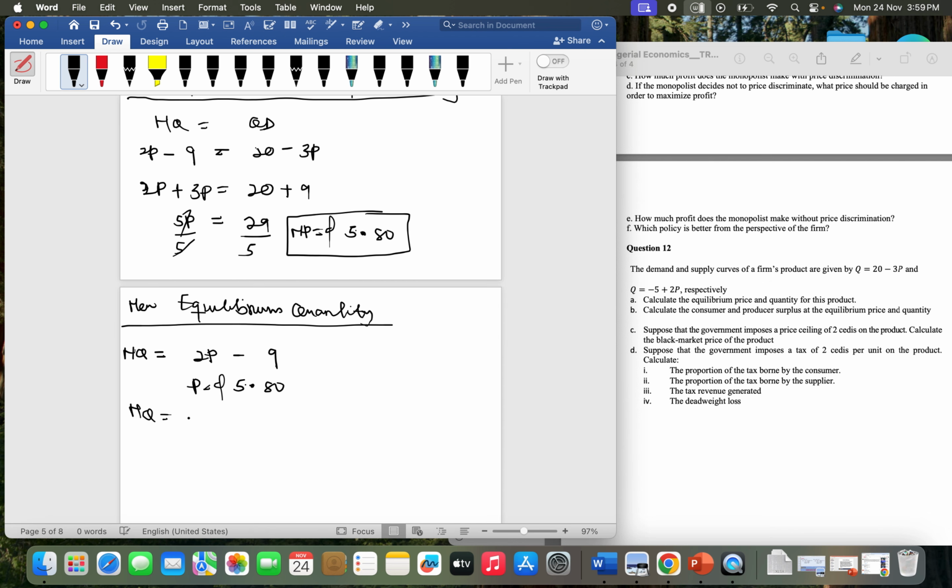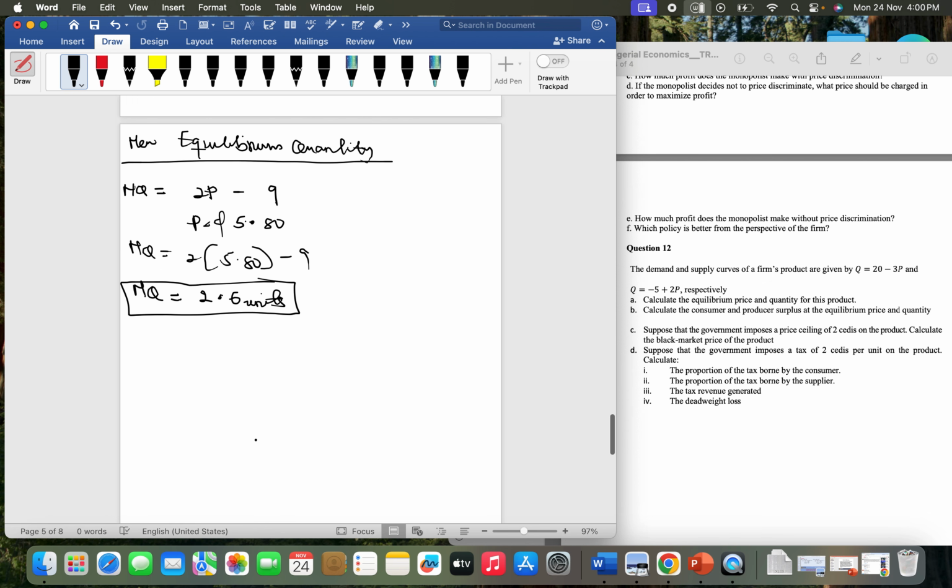So NQ is equal to 2 times 5.80 minus 9, which gives you 2.6 units. You can add a unit or leave it; it's still correct. So this is the new equilibrium price and the new equilibrium quantity.